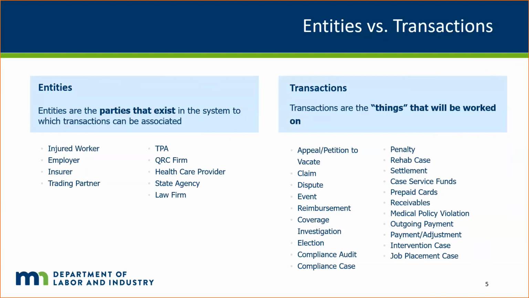Transactions are determined as anything that's worked on within the system. So it'd be an appeal or petition to vacate, a claim, the dispute, rehab cases, any of the associated transactions related to rehab cases.